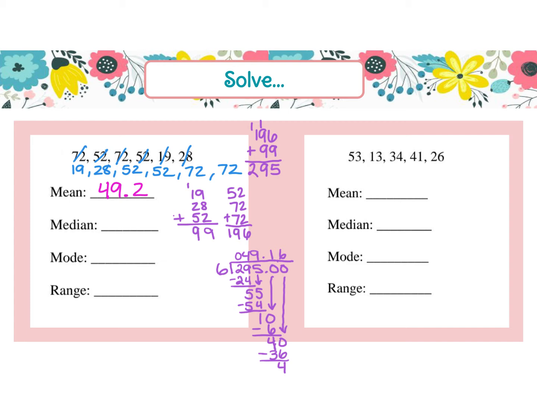Next, we will solve for the median. We can find the middle number in the data set. Since there are 6 numbers, there will be 2 numbers in the middle. Since both numbers are 52, we do not need to find the mean of the 2 numbers. 52 will be our median.